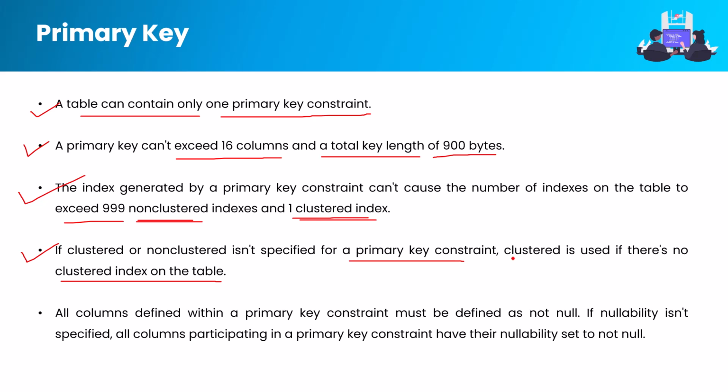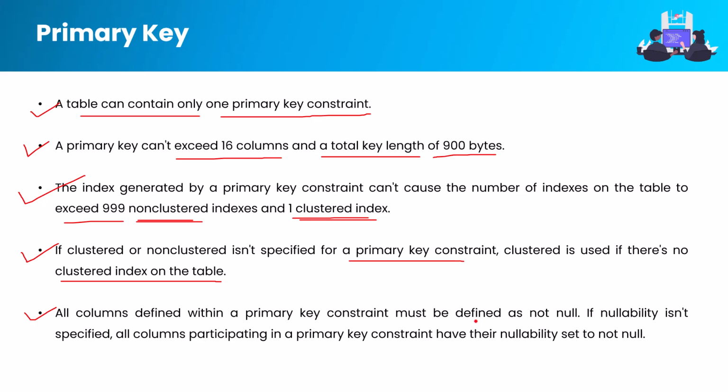And we already know that for a new table, if there is no clustered index, then the system will generate one clustered index based on the rec ID of that particular table, which we can also call a surrogate key.